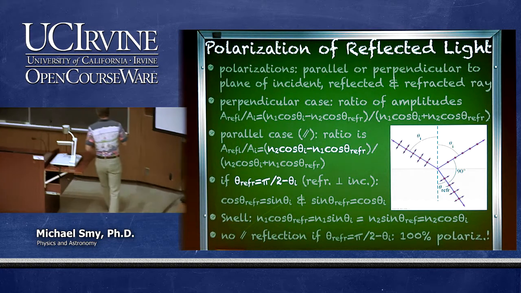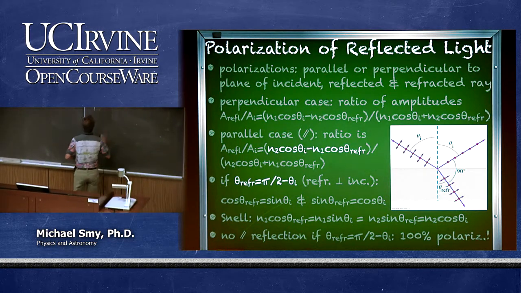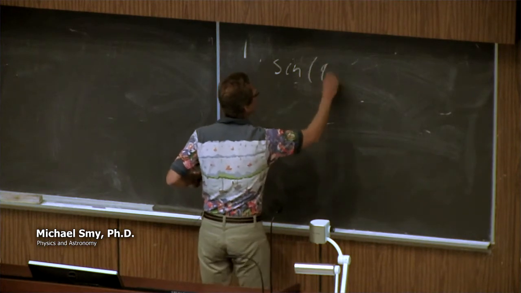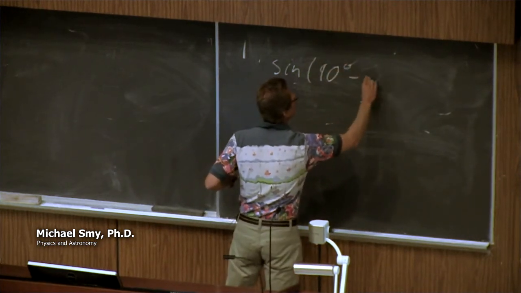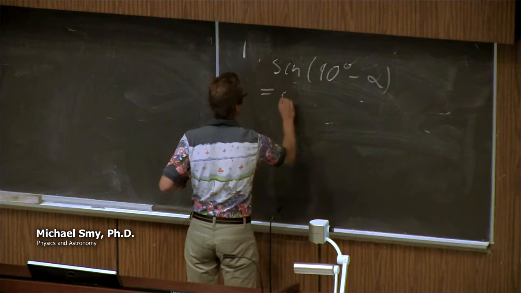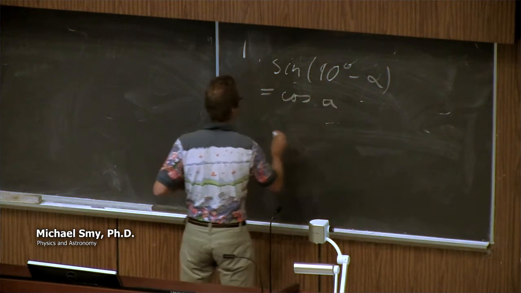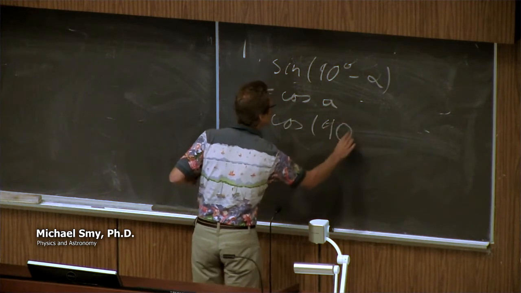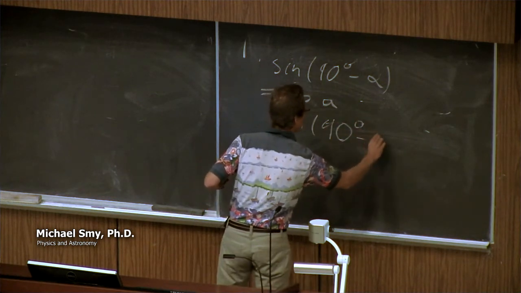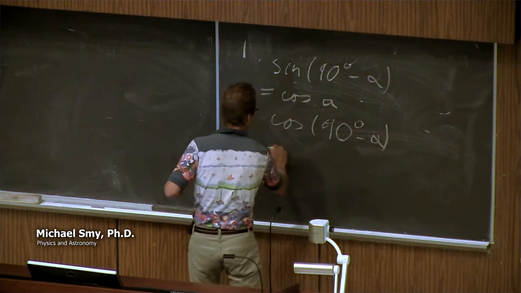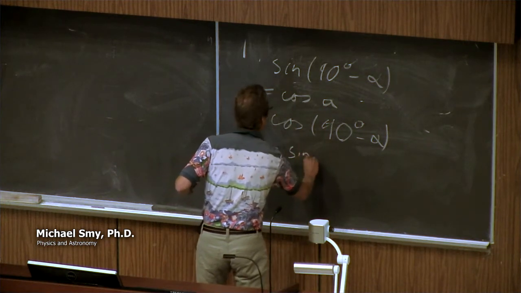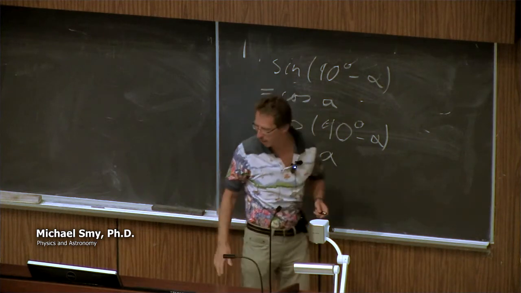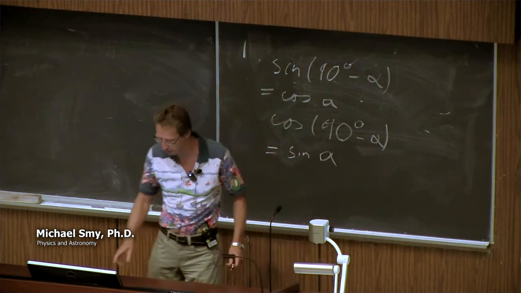And that is the case because sine of 90 degrees minus some angle alpha equals cosine of that angle alpha, and cosine of 90 degrees minus alpha equals sine of alpha. So it's simply because of that fact of trigonometry.